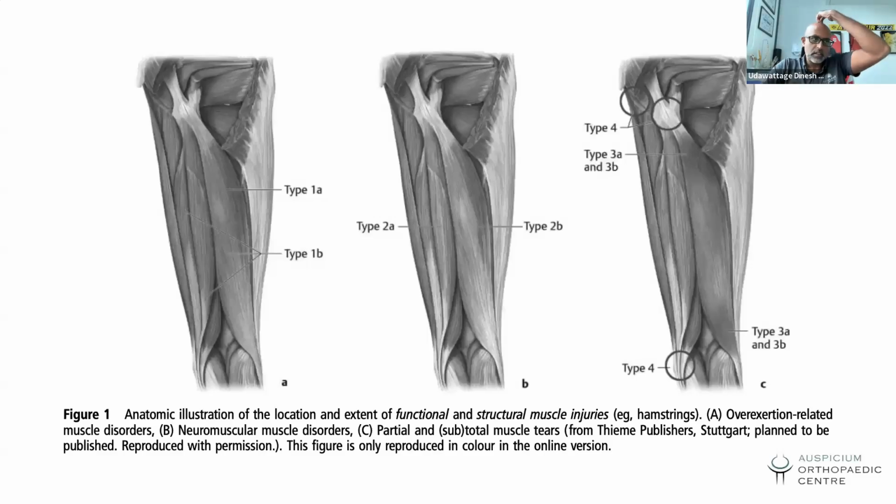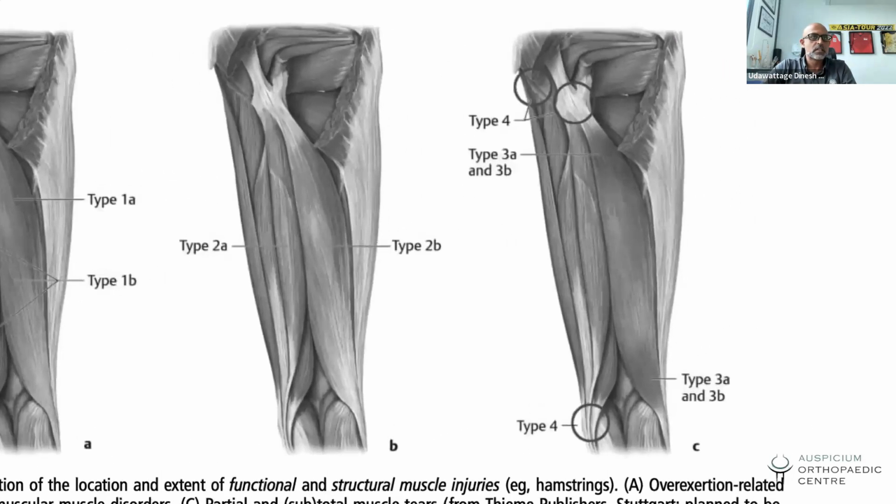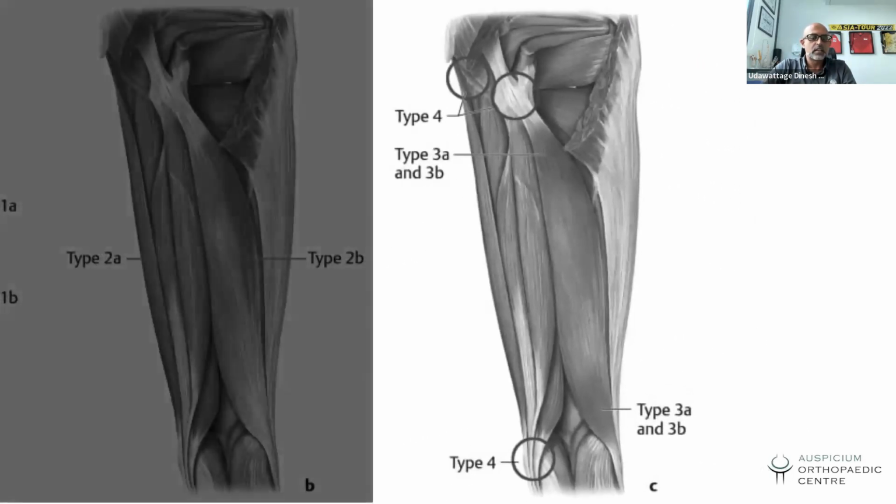So these are the injuries that they put in their classification system in a more graphical view. But if we look at the muscle injuries, how they have talked about it, the 3A, 3B, and the 4. So they're focusing on the muscle belly. Is there a significant tear? Has the muscle ruptured and so on.